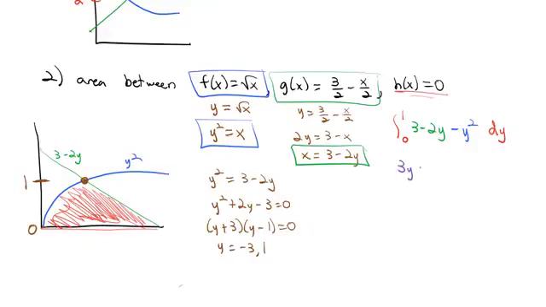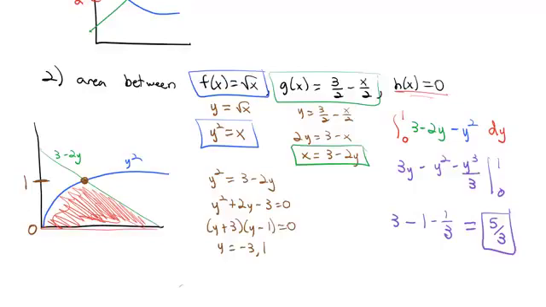Taking the integral, we have 3y minus 2y squared divided by 2. The 2's divide out. Minus y cubed divided by 3, integrating from 0 to 1. If I plug 1 in, we get 3 minus 1 minus 1/3. And then we would subtract, plugging the 0 in, but what's nice is all that goes to 0. And we end up with the exact same answer of 5/3.